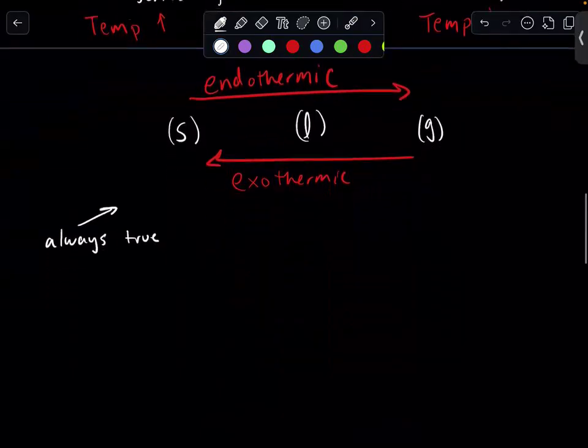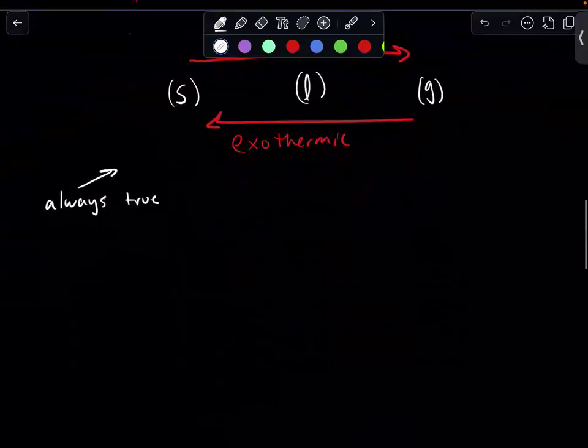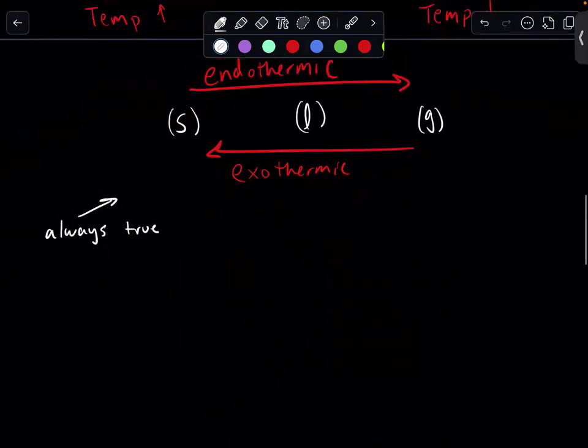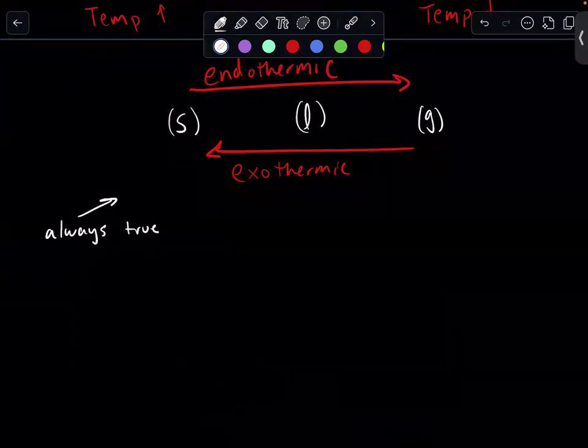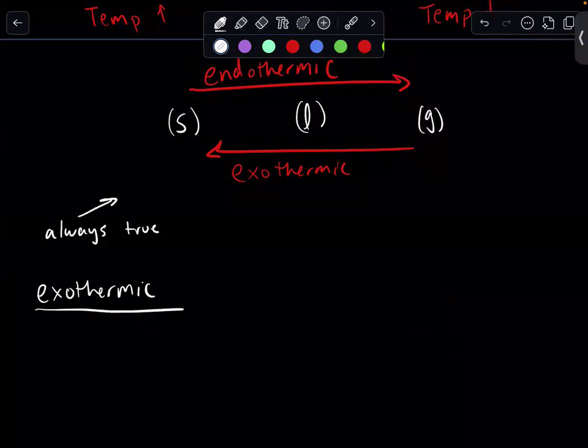Now, our actual reactions also have some that are always exo or always endo, just as these changes of state are. So for exothermic reactions, a couple of reactions are always exothermic.